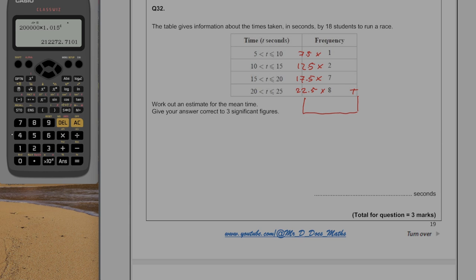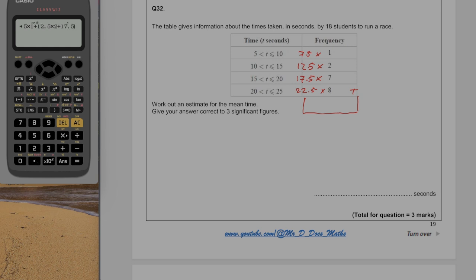I'll do it as a single sum, so 7.5 times by 1 plus 12.5 times by 2 plus 17.5 times by 7 plus 22.5 times by 8. Hoping that we've typed that in correctly, we get the value of 335.